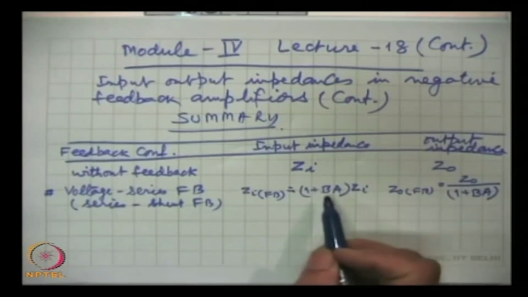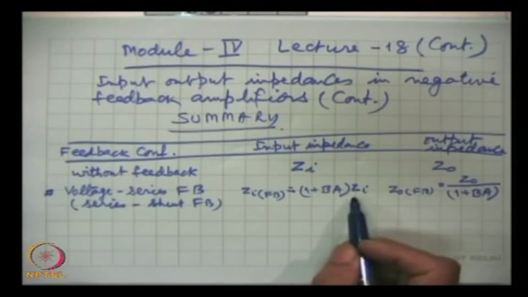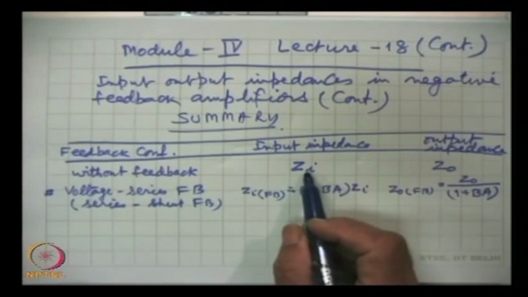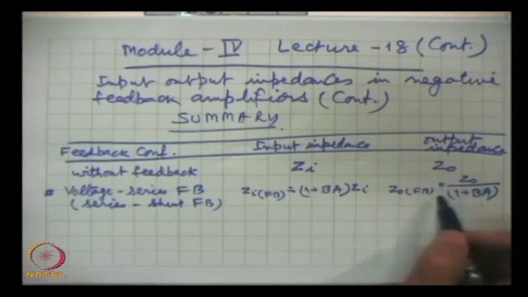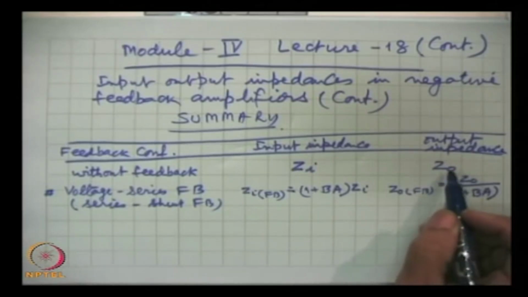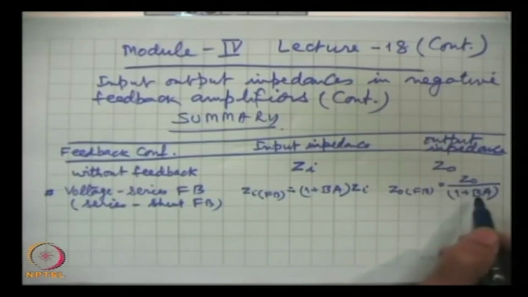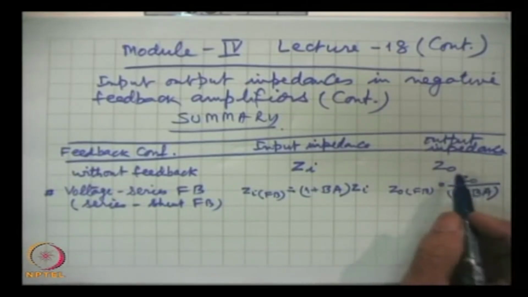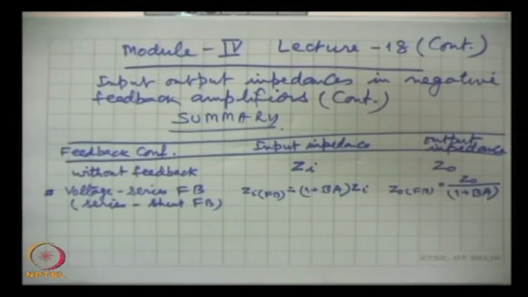If we take this factor as say 10, then it will be 10 times. If Z I is 1 k, it becomes 10 k, and if the output is again 1 k and this factor is 10, then that will reduce to 100 ohms. So, this is the modification.